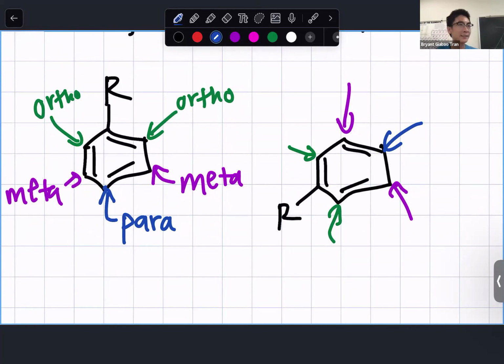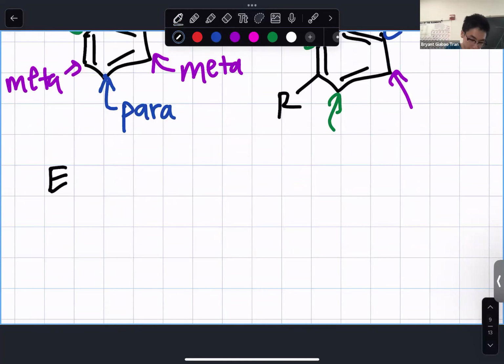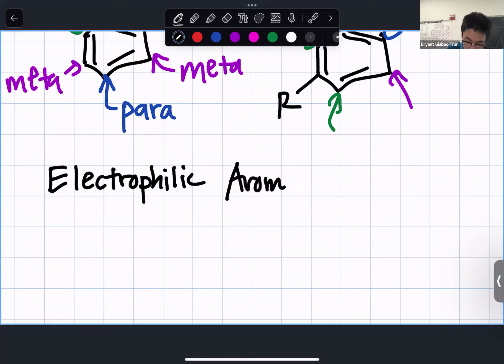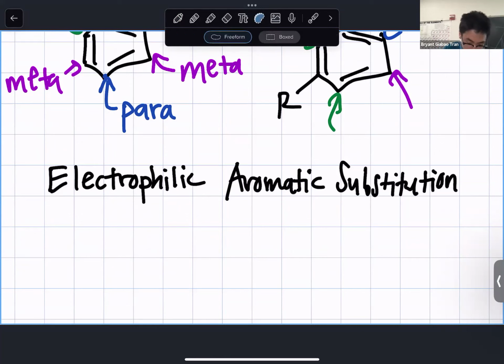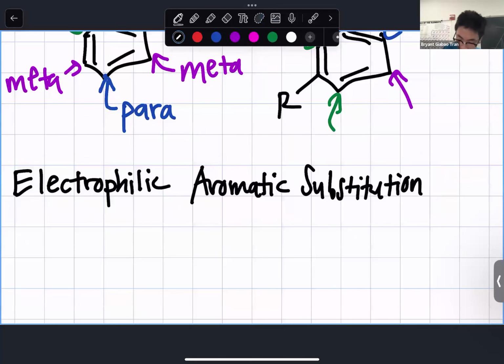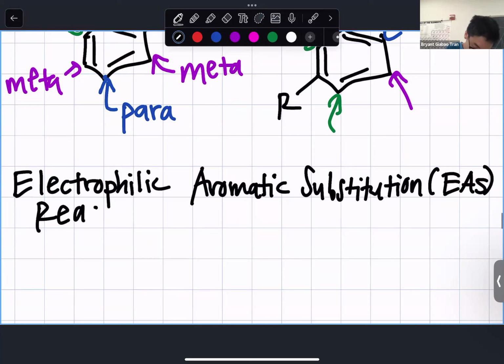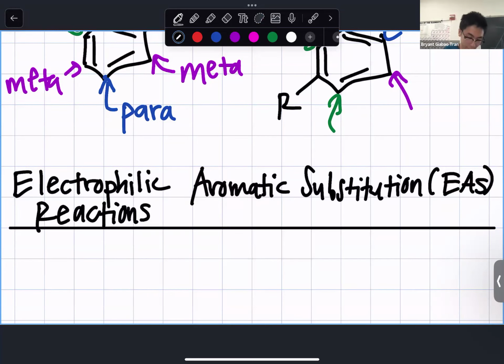So in these benzene reactions that we're about to learn, the general pattern it follows is electrophilic aromatic substitution, abbreviated as EAS. EAS reactions. Okay, so let's say we have a regular benzene ring.